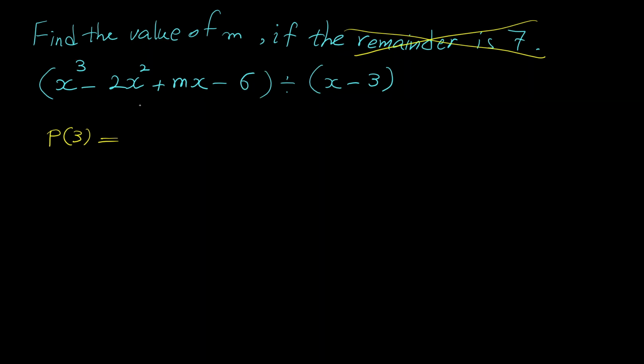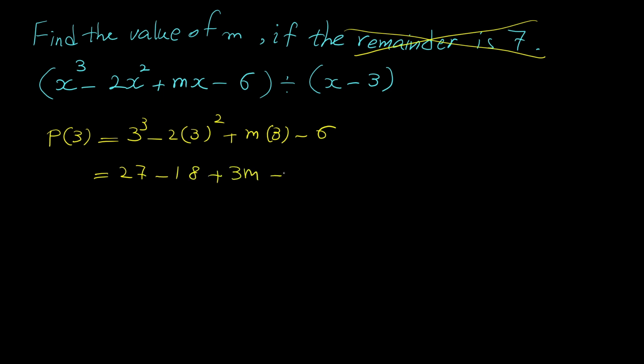If we plug in 3, we have 3 to the 3 minus 2 times 3 to the 2 plus m times 3 minus 6. This equals 27 minus 18 plus 3m minus 6. 27 minus 18 is 9. 9 minus 6 is 3. So the remainder is 3 plus 3m.